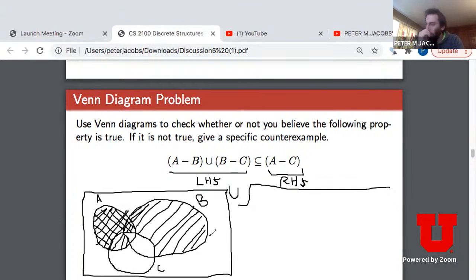What we mean by a counterexample is a collection of sets such that the left-hand side is not a subset of the right-hand side. So for example, you can take A equal to 1, B equal to 2, and C equal to 3. And now what we want to verify is that there are elements in the left-hand side which are not in the right-hand side.